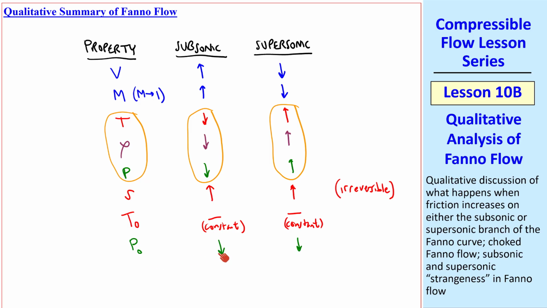I like to say that because of the friction, we lose some oomph in the flow, so P0 must decrease, which is exactly what I said across a shock. You can also put a dividing line here and notice that these properties all behave exactly oppositely between subsonic and supersonic branches, but these lower three here all behave the same.